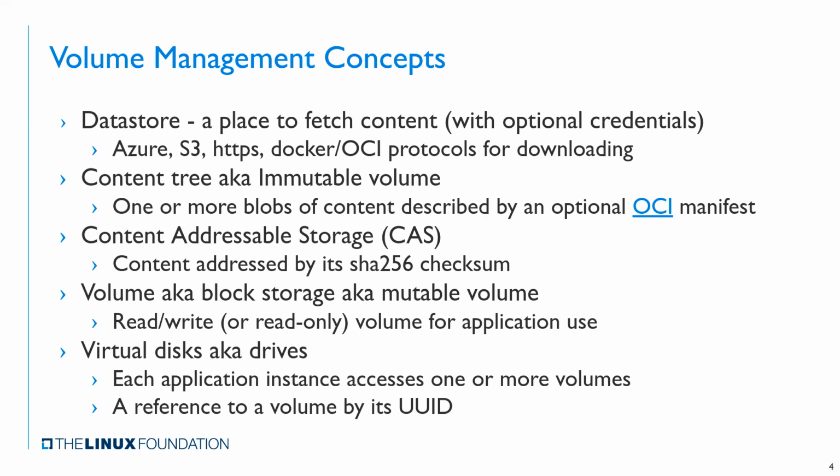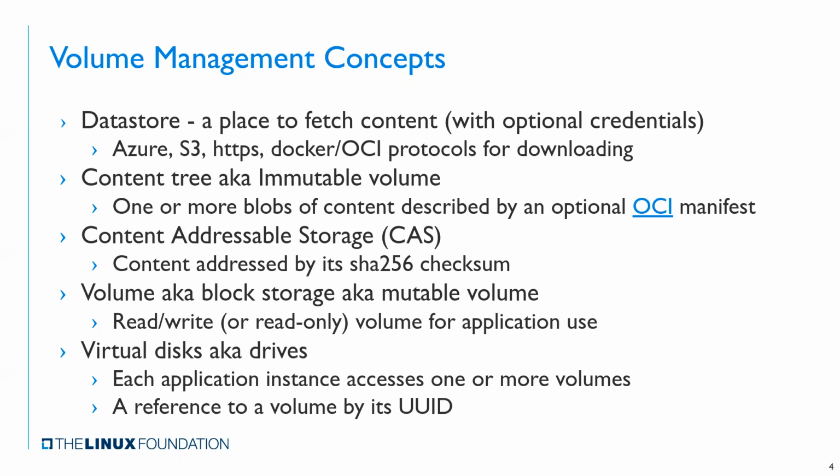There's Azure, AWS S3, HTTP, HTTPS, as well as the OCI protocol and manifests associated with getting content from Docker Hub, etc. Feel free to ask questions if you want me to explain more. I decided not to do a full slide going into all the details of these different concepts, but I can definitely expand on it if people want to find out more.